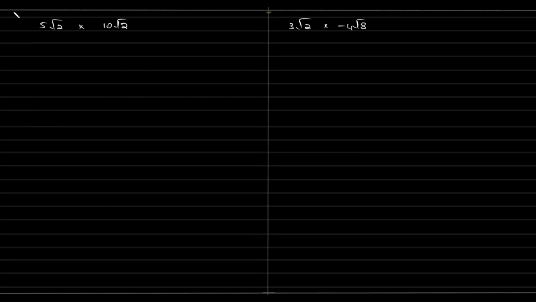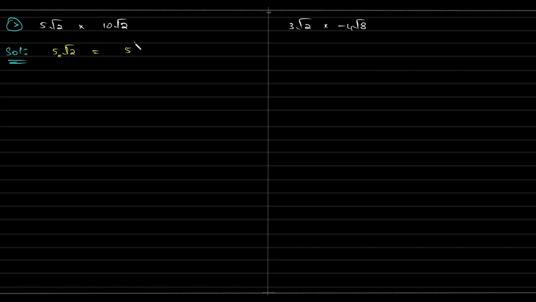Next variation. This is a bit more practical. Actually, till now, whatever we've done, all of that is bound to come some way or the other. But this is also a bit more practical. Here I have 5 into root 2. So let's understand 5 into root 2. See, these are with different powers. Why?